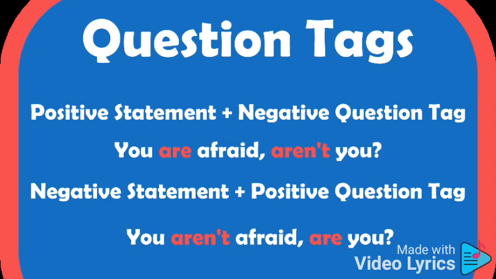The question tag here is won't she? Another example, there was a lot of traffic. The question tag here is wasn't there? Another example, Jimmy should pass the exam. The question tag here is shouldn't he?